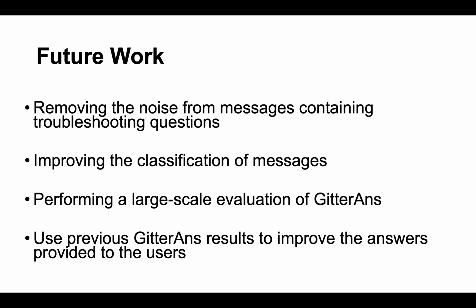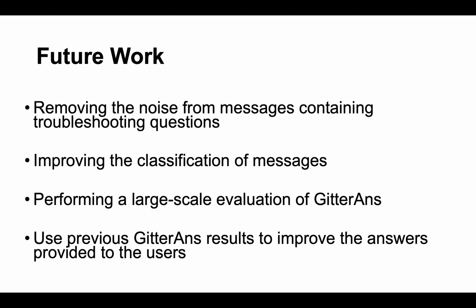So what this tells us is that there is noise in those messages that we need to curate. This is going to be our future work: to find a way to automatically remove the noise from these messages that contain technical questions in order to improve the results of the search for answers framework.